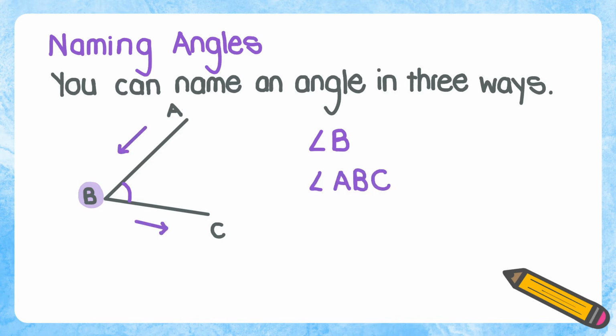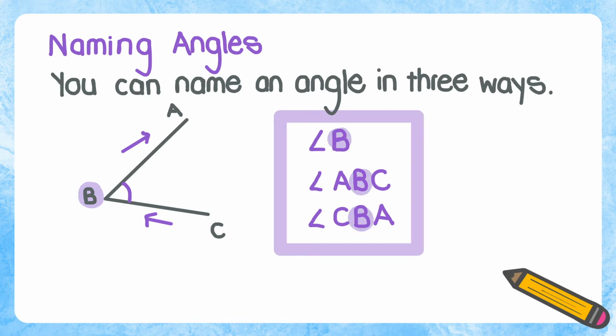We can also call this angle angle ABC. Notice here, the B is in the middle. We can go the other way and call this angle CBA. We have 3 different ways of naming this angle: angle B, or angle ABC, or angle CBA. Notice for the bottom 2 options, B is in the middle.